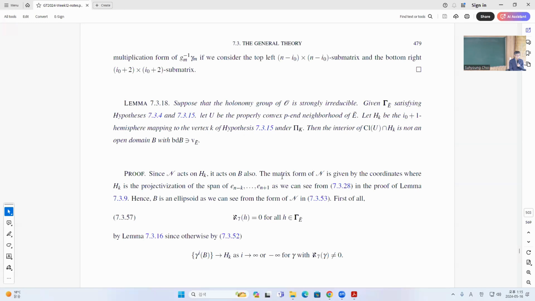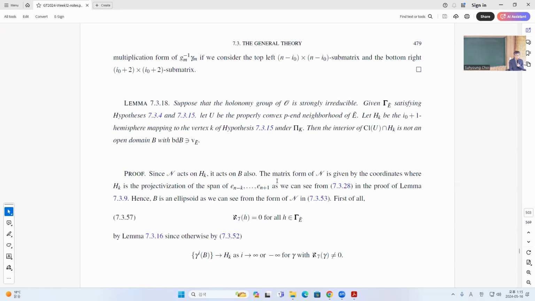So basically that, and then the next lemma is that if you assume these two hypotheses, and U is a convex domain, HK is a hemisphere mapping to, then the interior is not an open domain which contains this here.